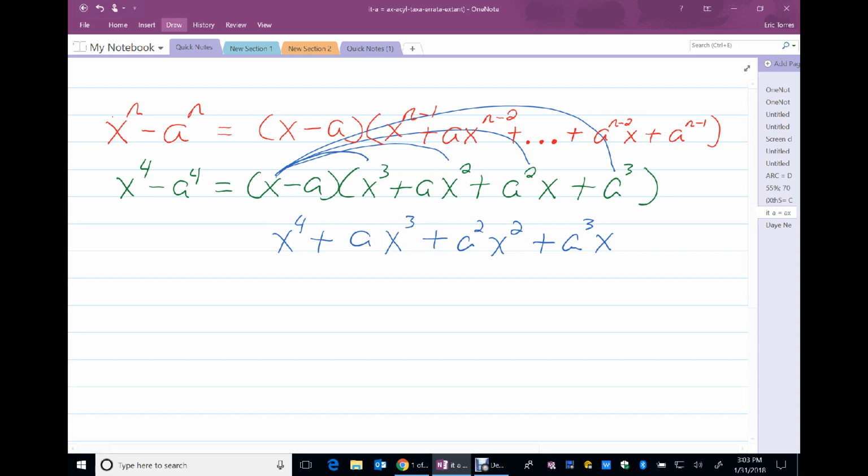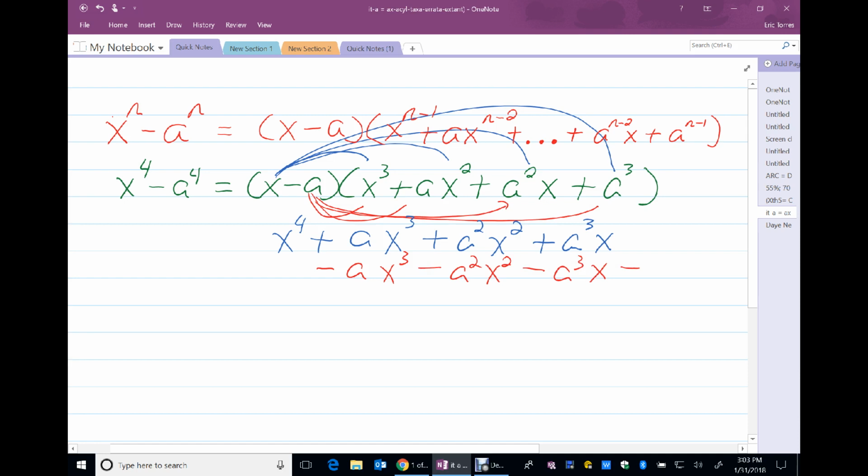And then when I distribute the a out, I get negative ax cubed minus a squared x squared minus a cubed x minus a to the fourth.